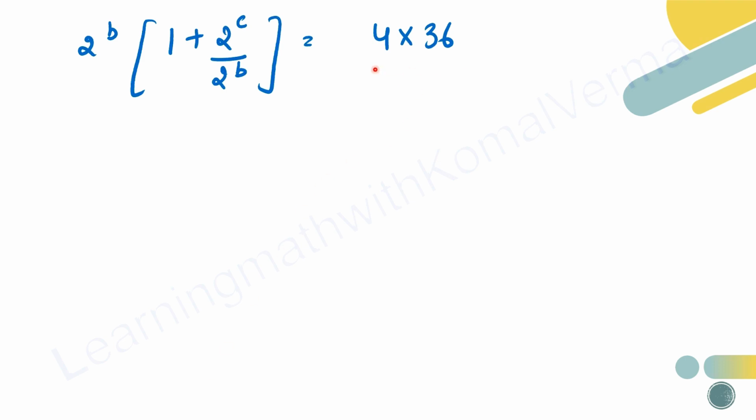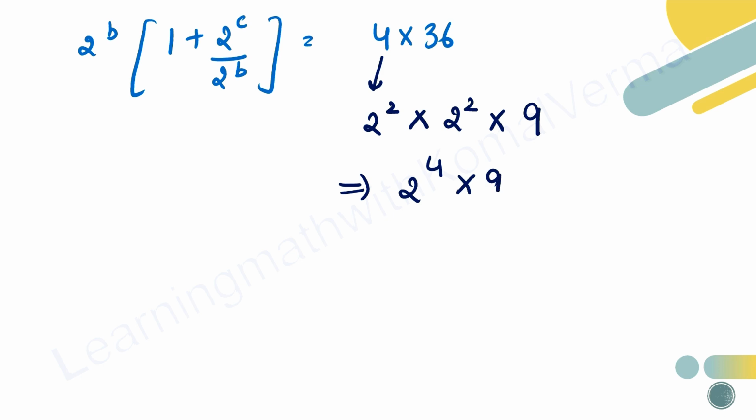Now we can write right hand side as 4 can be written as 2 raised to the power 2 into 36. 36 can be written as 2 raised to the power 2 into 9. Again, when we simplify it, we get 2 raised to the power 4 into 9.